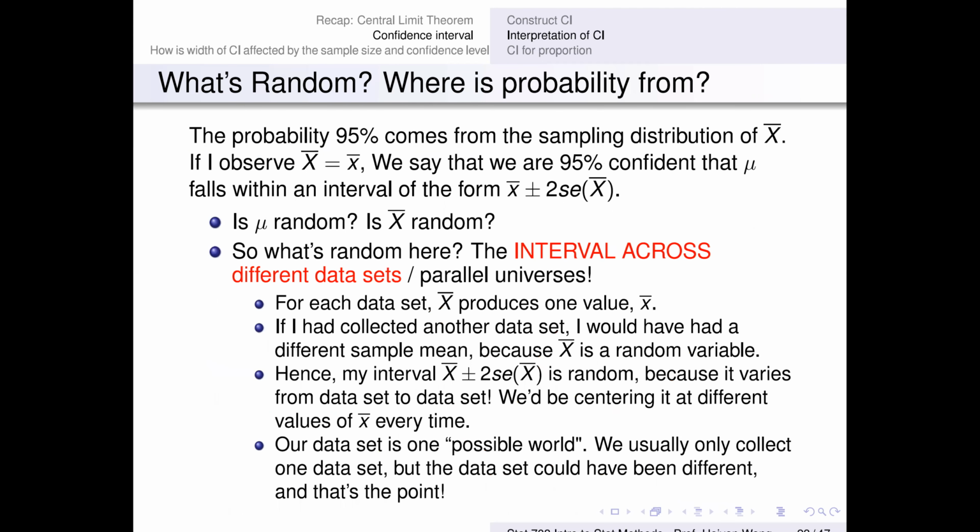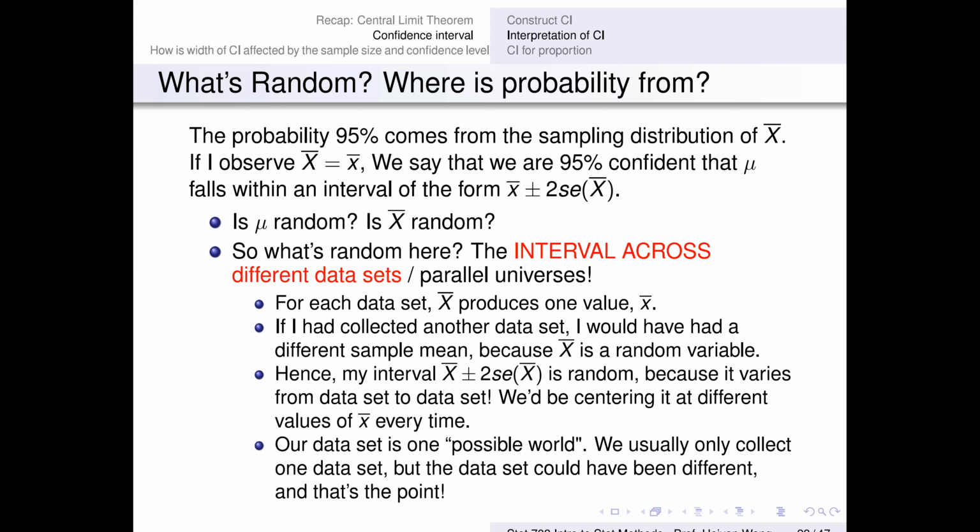Okay, so what is random is this X bar and also the standard deviation of it, and hence the interval would be a random interval. It changes from one data set to the next data set. In other words, if you construct the interval 100 times using 100 different data sets, you will have 100 intervals and they are different.